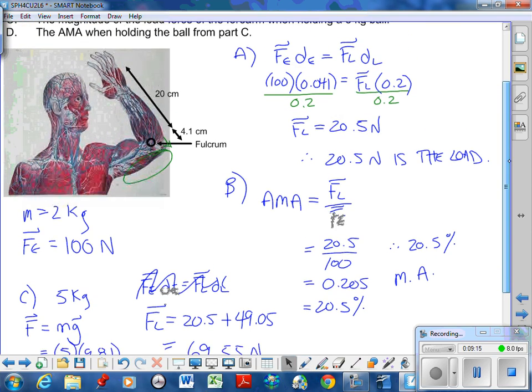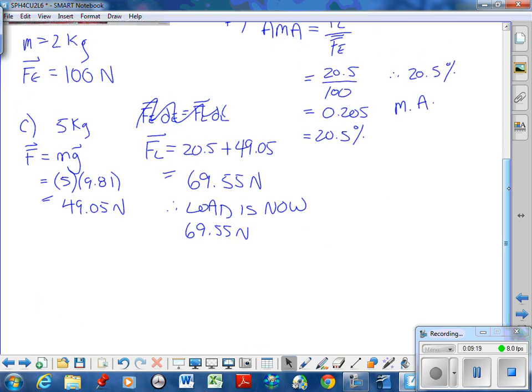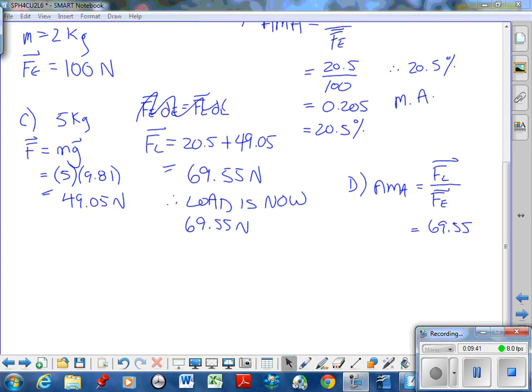D part, AMA when you're holding the ball. So what is our actual mechanical advantage? AMA is FL over FE. So the load force, 69.55, and the effort force, actually, you know what? I did mess up on that previous one.